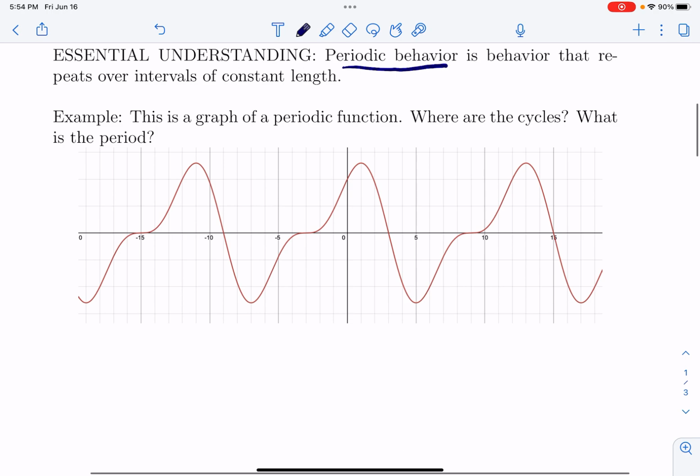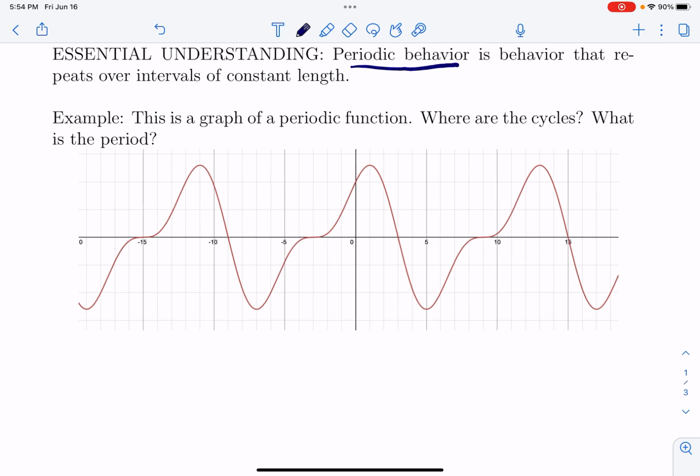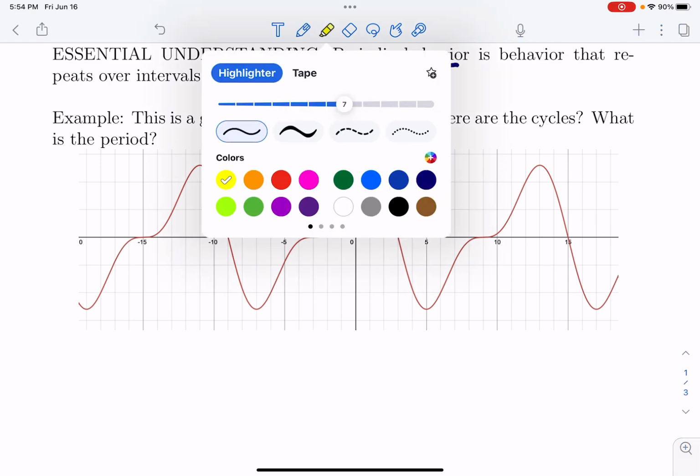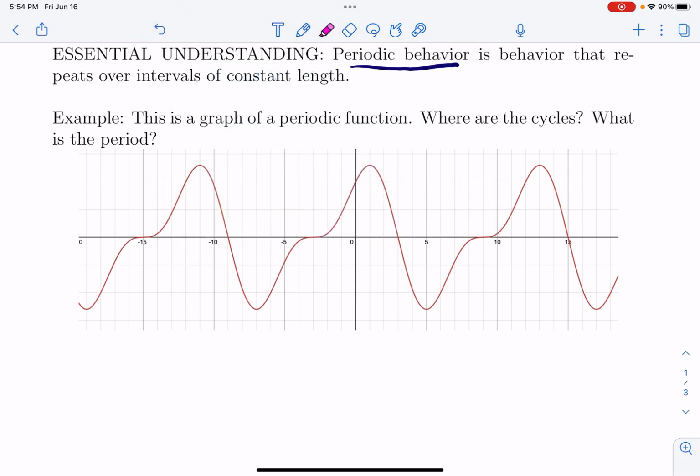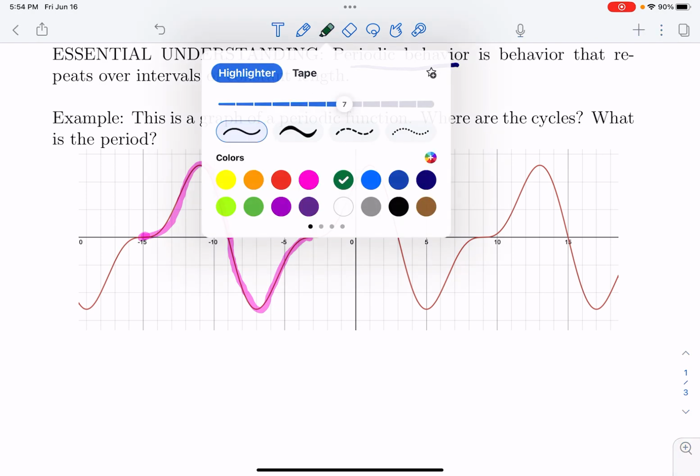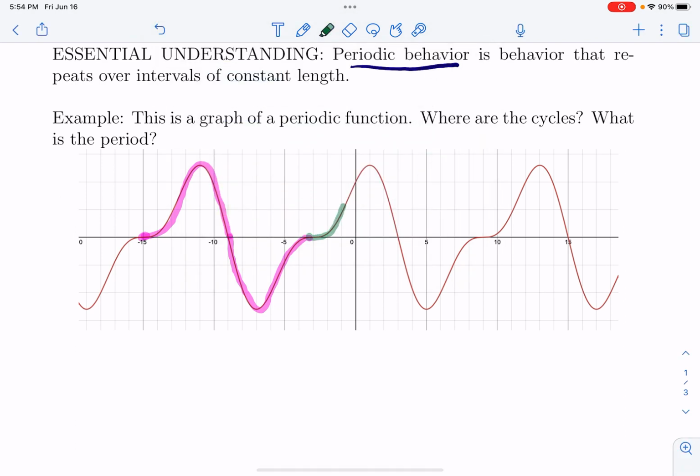So here we have a graph of a periodic function. You'll notice, I'll highlight here, we have cycles that repeat. Suppose I start here at negative 15. It goes up and down back to the x-axis, then down like so. That's a full cycle, because what I'm highlighting here in green is exactly the same as what I've highlighted in pink.